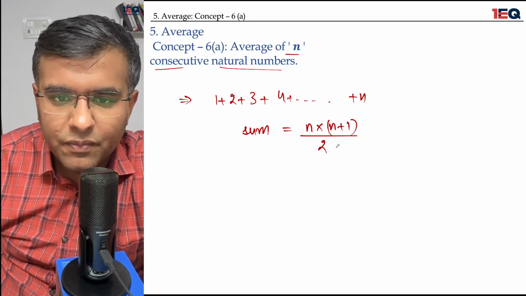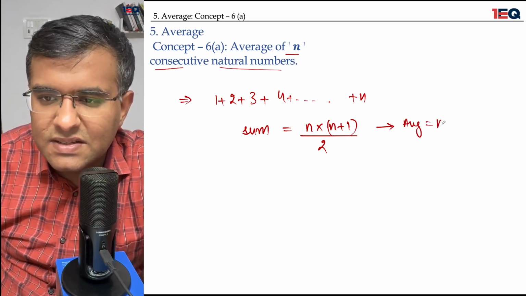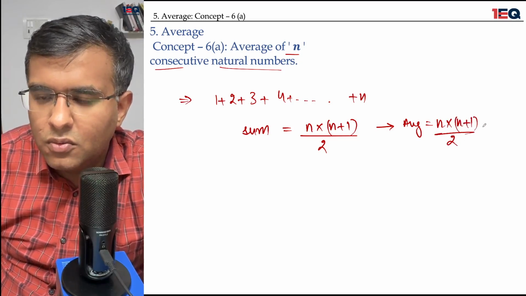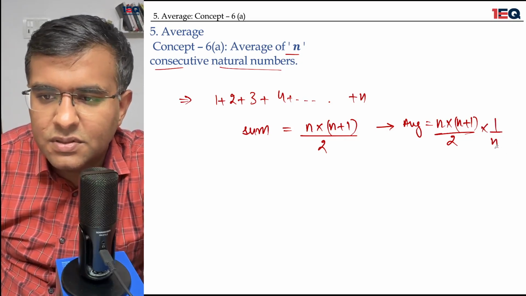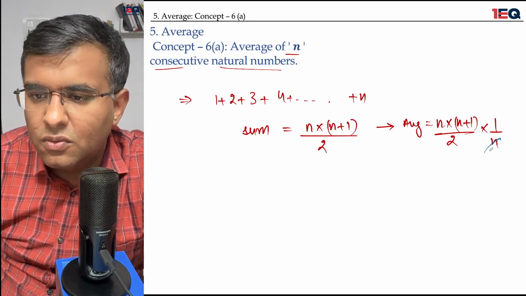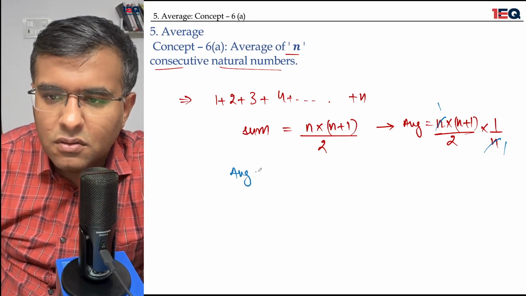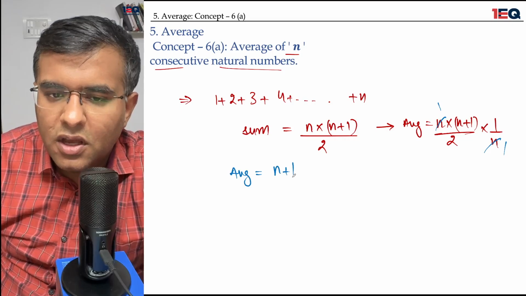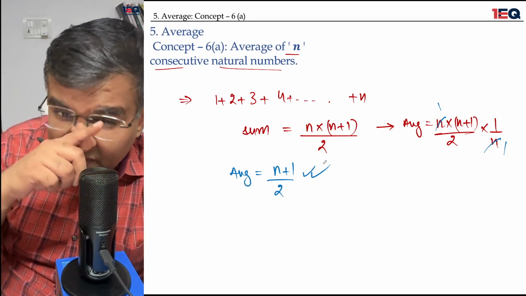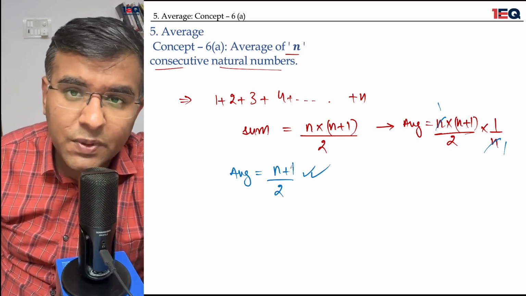This would give you the sum. Now, if an average needs to be found out, this sum, n multiplied by n plus 1 whole upon 2, has to be divided by the number of terms. This would lead to the n getting cancelled, and the average would come out to be n plus 1 by 2. Okay? The average of n consecutive natural numbers is n plus 1 by 2.